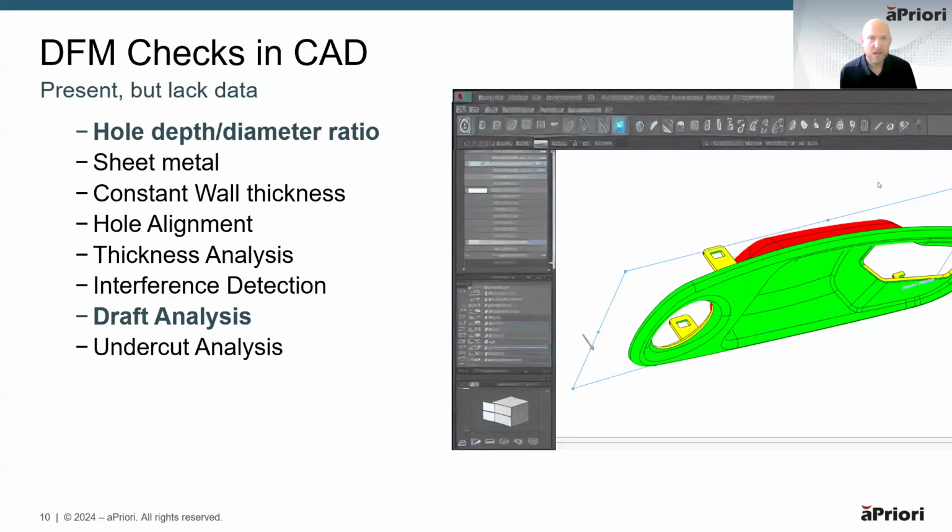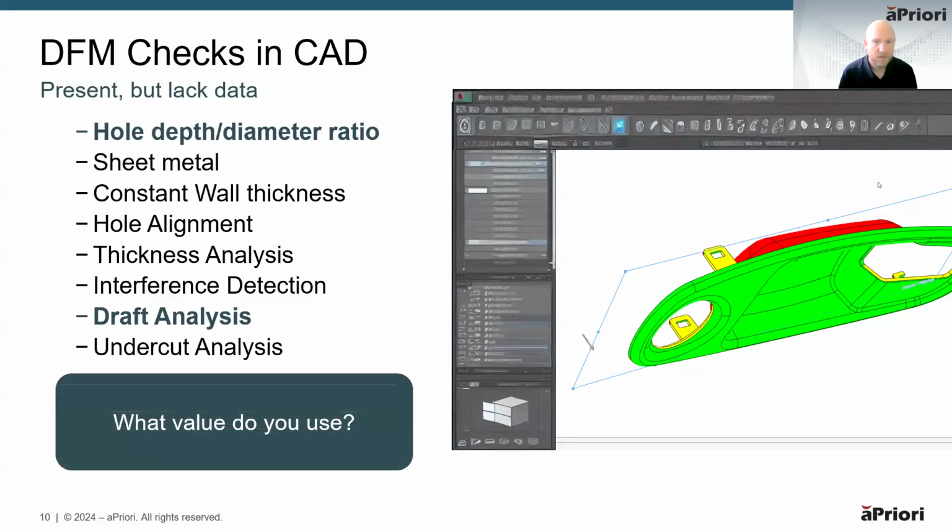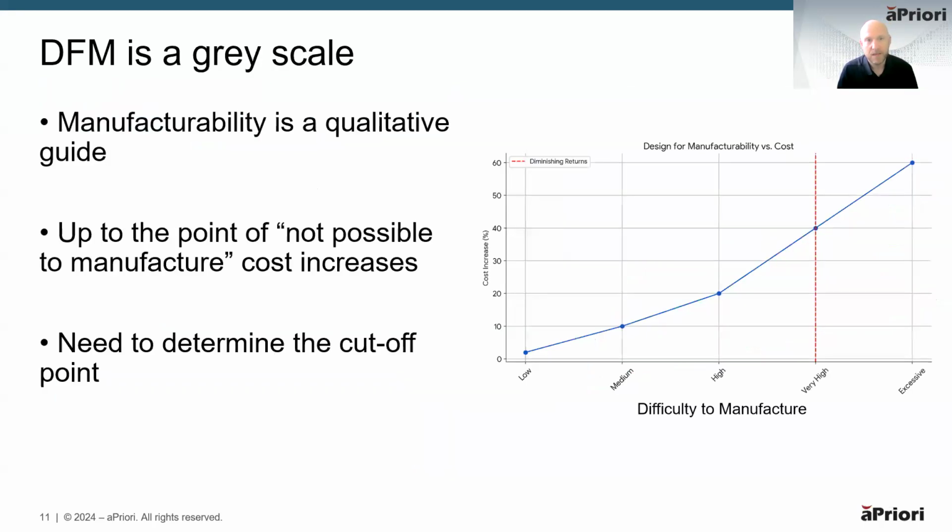So actually knowing what value to use can be a problem, especially if we've come through the academic route and we're an early-career design engineer. How do we find what value to use? Whatever the answer, it's going to take some time to get there.